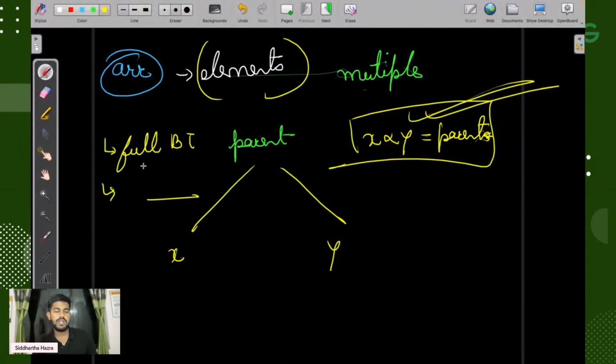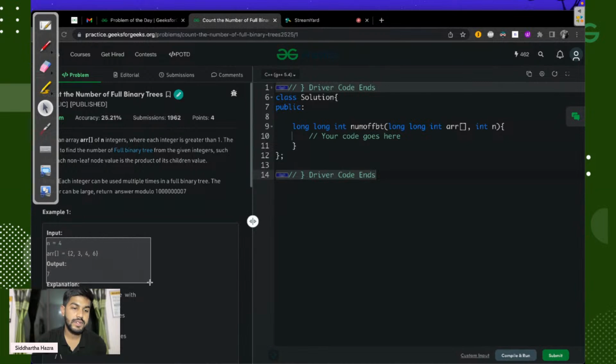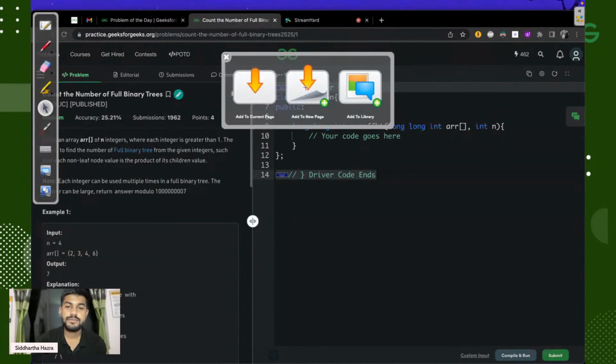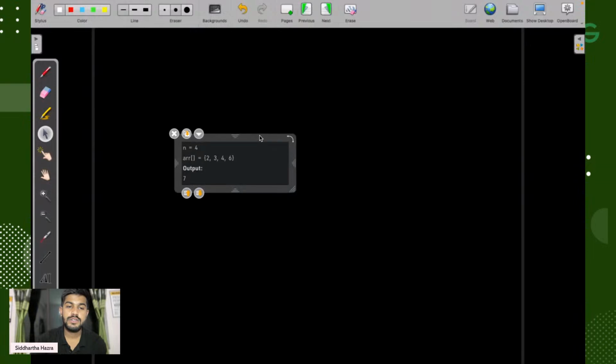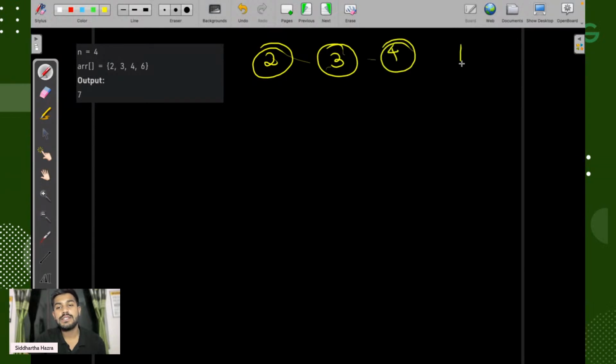Okay, so this was the question. Now let us observe more. Let us first observe the given sample test case. So in the given sample test case, a binary tree can have one node also. So 2, 3, 4, and 6.